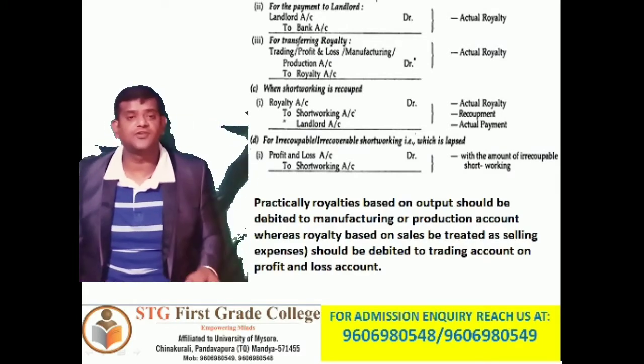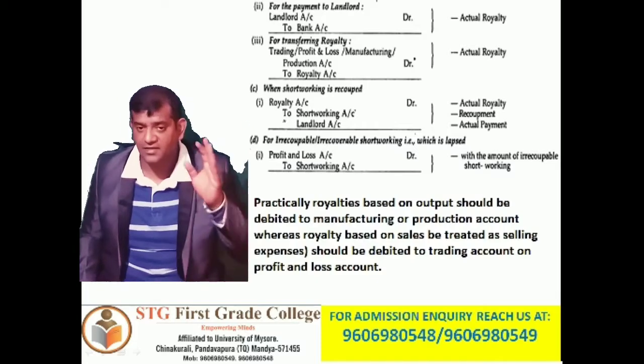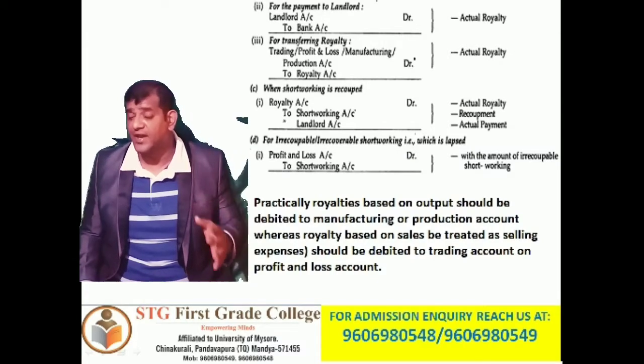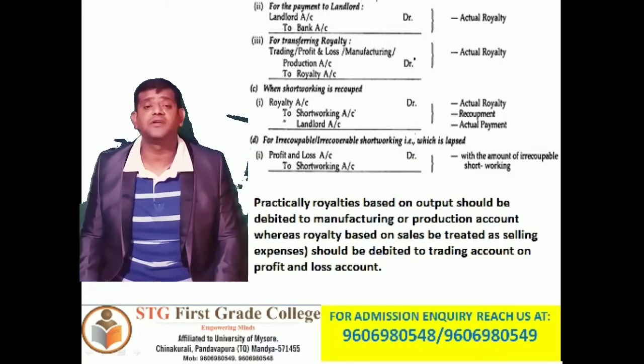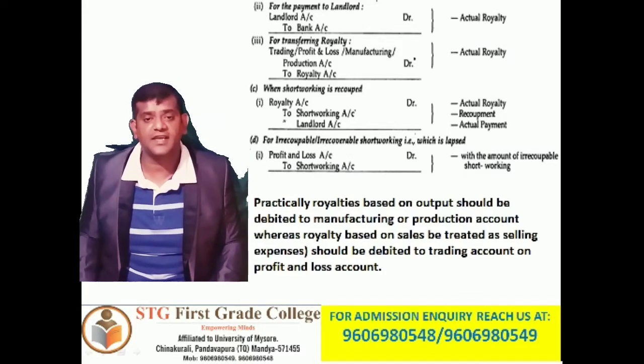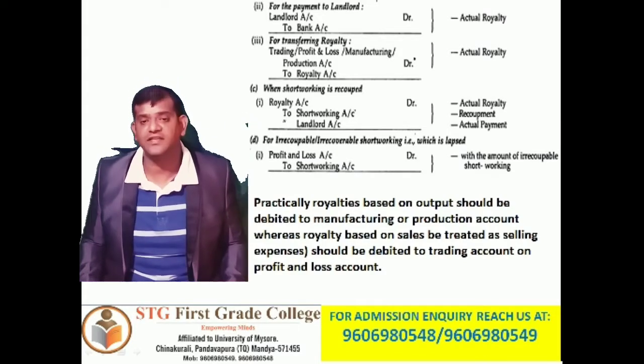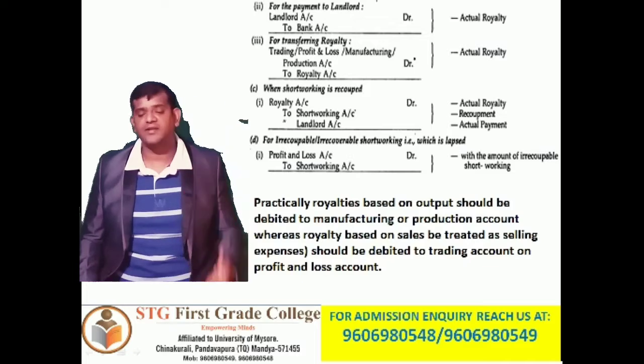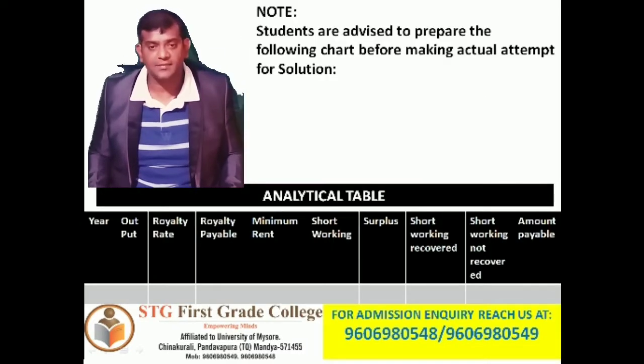So before going to that, you must remember the below chart, which is very important to understand, which we call a memorandum royalty statement, or we might call it an analytical table also. Clear?